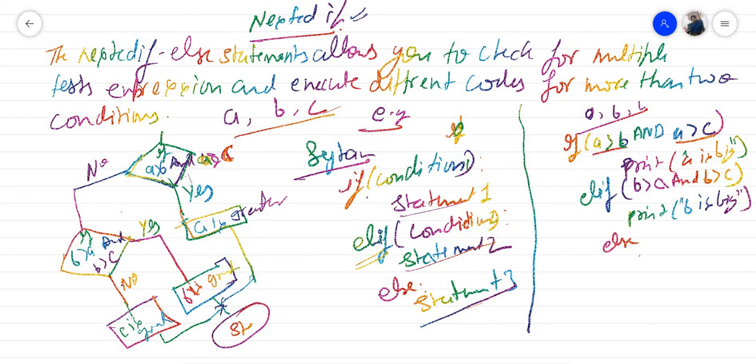Else, print C is automatically greater, if both conditions do not satisfy. Okay, so this is the procedure. Let's do it in a program.